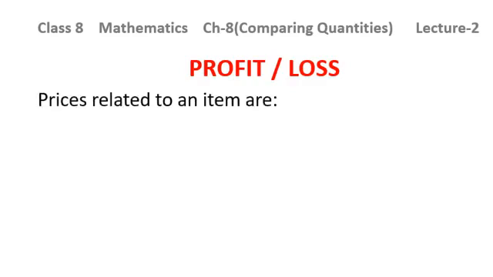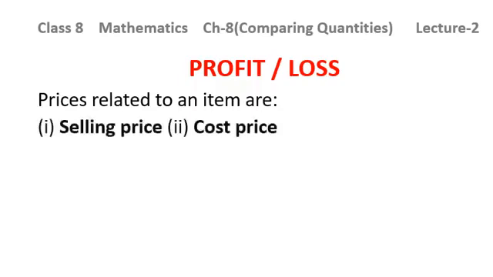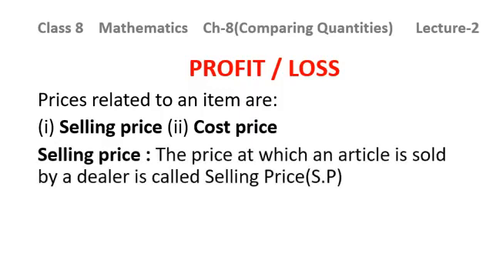Children, there are basically two prices related to an item: selling price and cost price. Whenever you go to a shop, you and the shopkeeper are both dealing with these two types of prices. Let us see what selling price and cost price are. Selling price is the price at which an article is sold by a dealer.